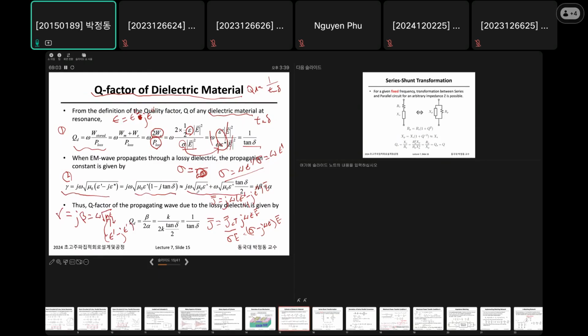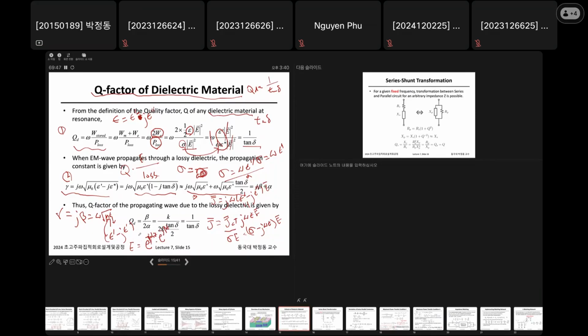The first one is beta, the second one is alpha. From what you observed, quality factor Q is energy stored over energy loss, which is just beta divided by 2 alpha. The electric field propagates as e to the minus alpha z and e to the minus j beta z.